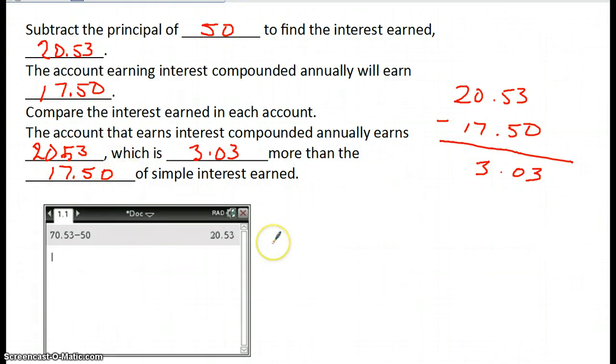And I believe that's the way we want to look at it as far as filling in these blanks. But we know mathematically the difference is $3.03. So this should give us a conclusion that compounding is good, the more you compound, the more interest is compounded, the more you will earn with no withdrawals.